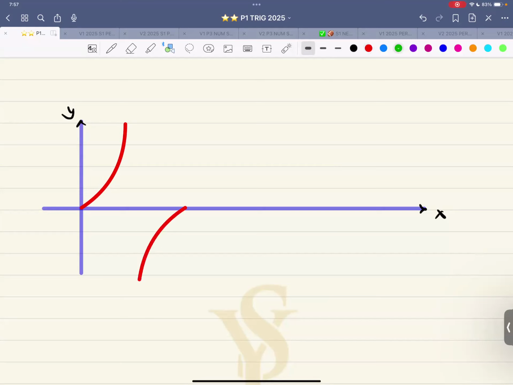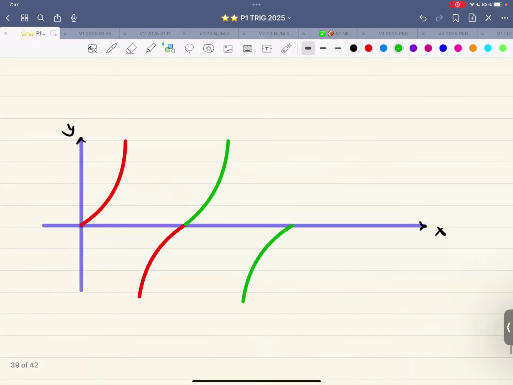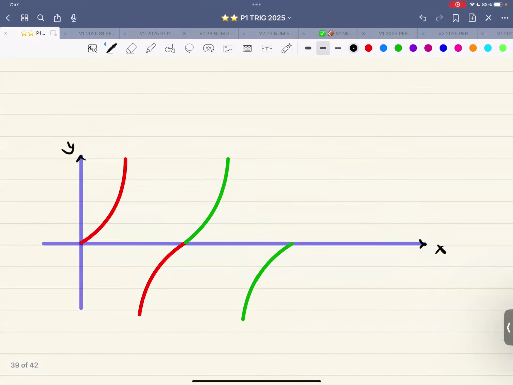The second one in green color, that is going like this. And now there are 2 cycles. Y equals tangent x. There is a cycle in red color. There is a cycle in green color.